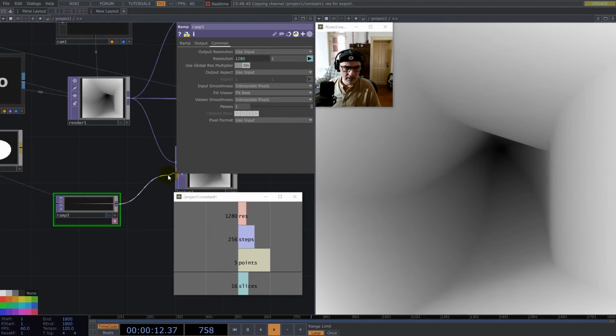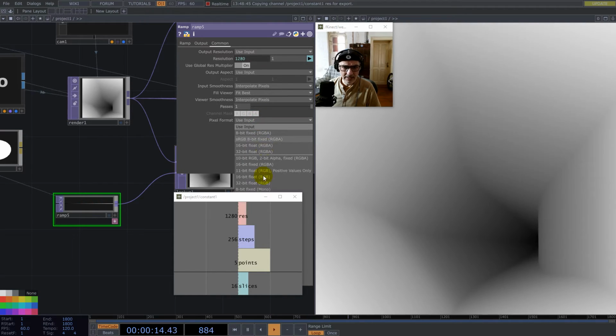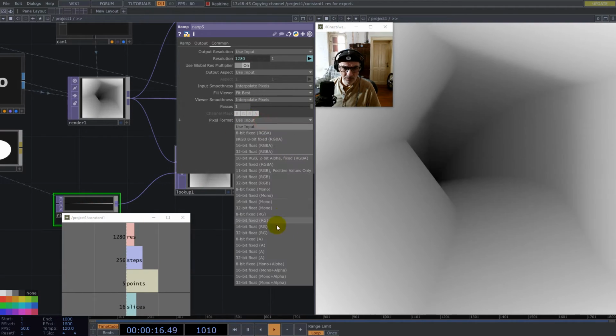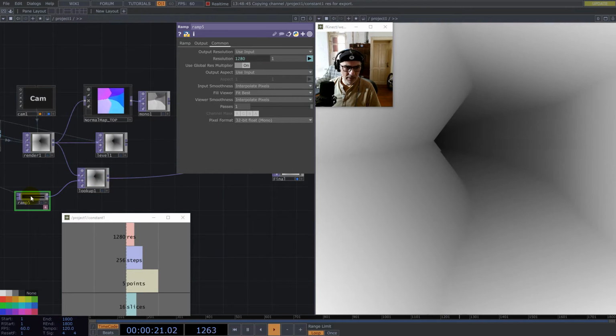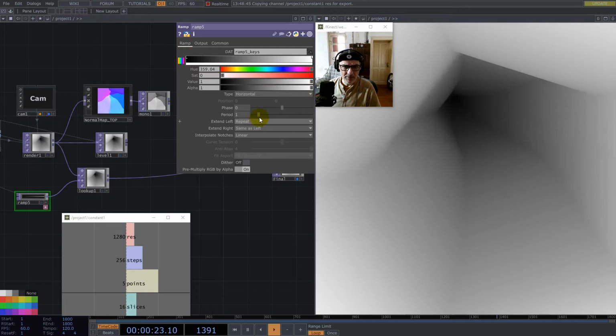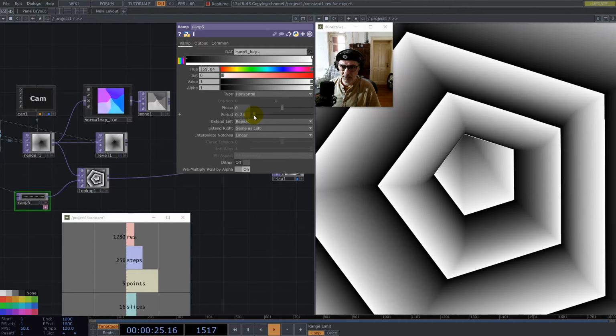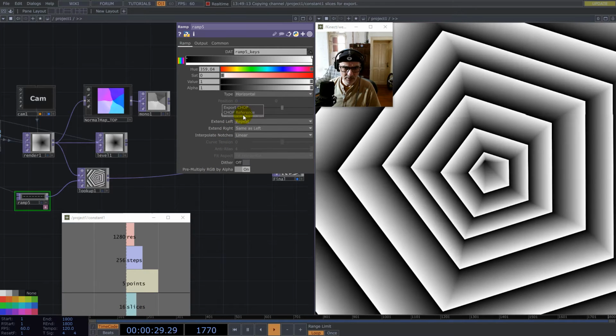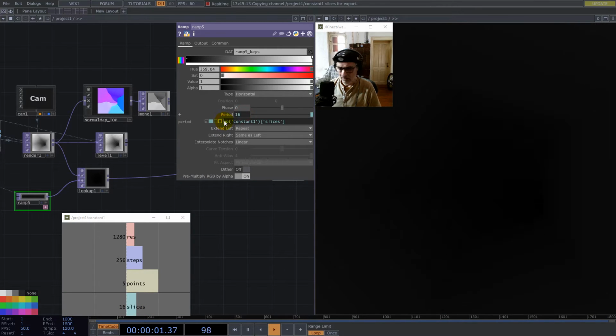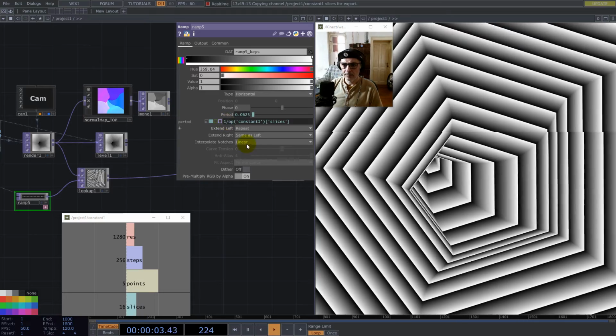Okay, and yeah, let's set this to 32 mono. Okay, nothing happened. But the moment I play with the period, you see, we have this. So let's drag the slices for the period. Okay, 1 divided by.